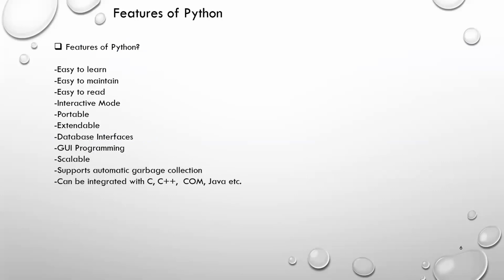So features of Python: it's one of the languages which can be learned easily, easy to maintain, and it has more readable code compared to any other language. It supports interactive mode, and that's one of the beauties. So it reduces your compile time, and your learning can be much faster.